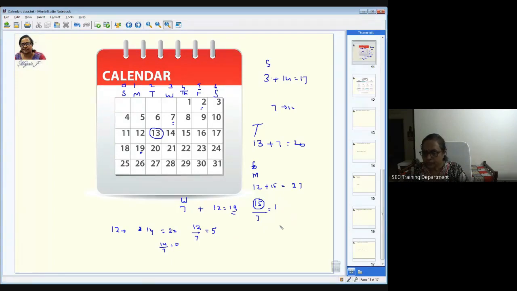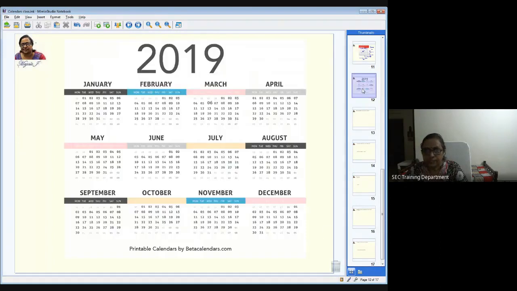So for 1 year, if I consider one particular day, let me take this calendar. You know that January 1st, 2019 was on Tuesday. So when was January 1st, 2020? You can see that December 31st is on Monday, and then it is going to be Tuesday.